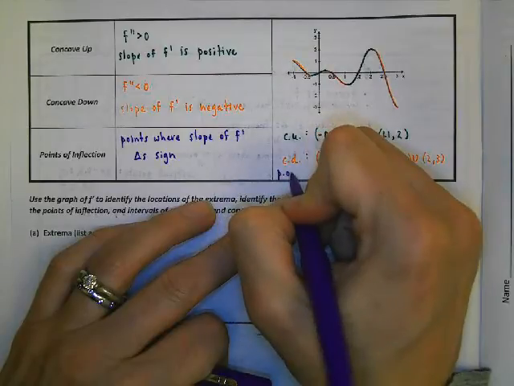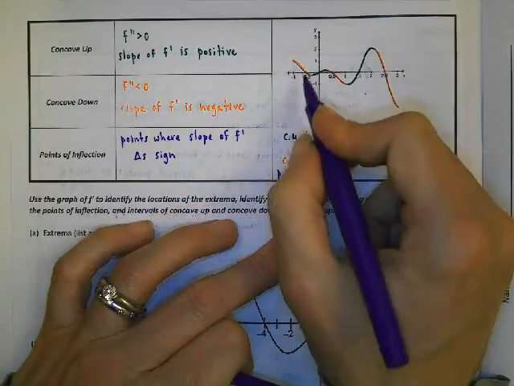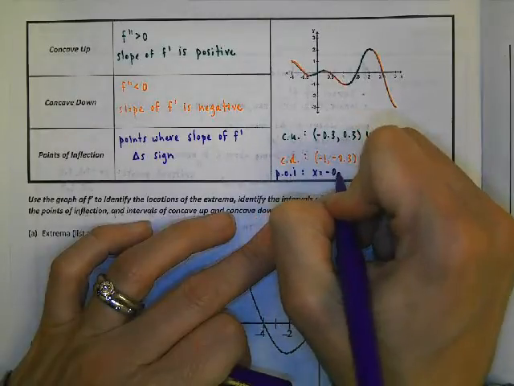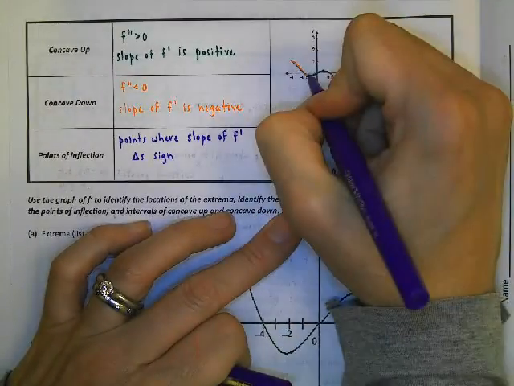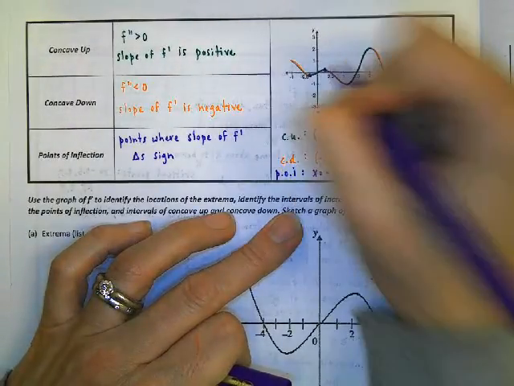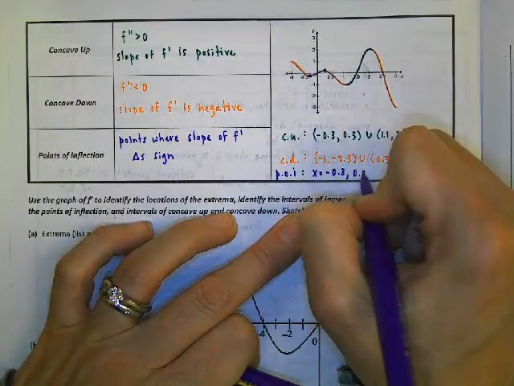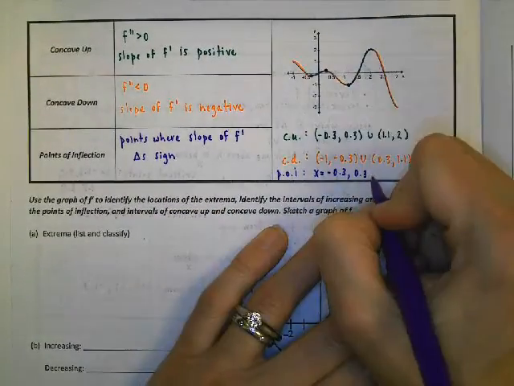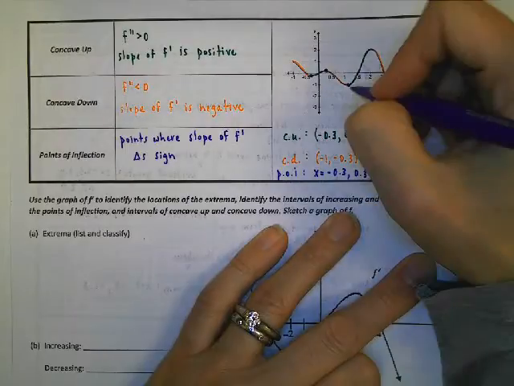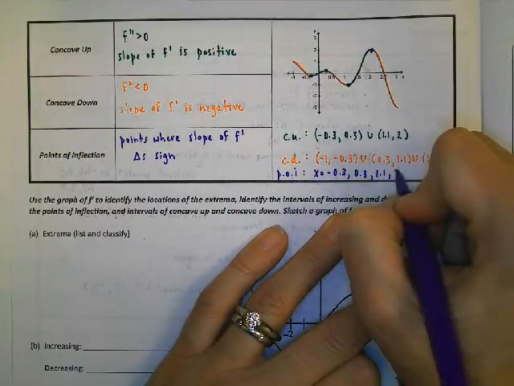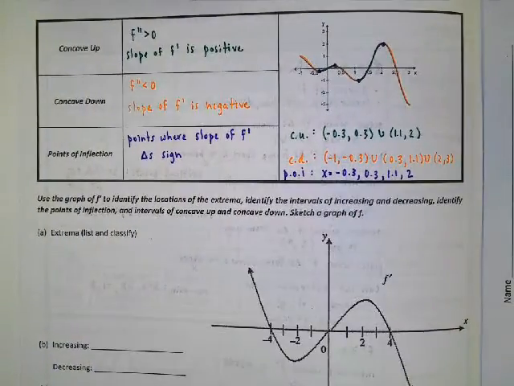So for my points, I'm going to abbreviate here, points of inflection, I change from negative to positive at negative 0.3. I change from positive to negative at about 0.3. Change from negative to positive again at about 1.1. And then from positive to negative at x equals 2.